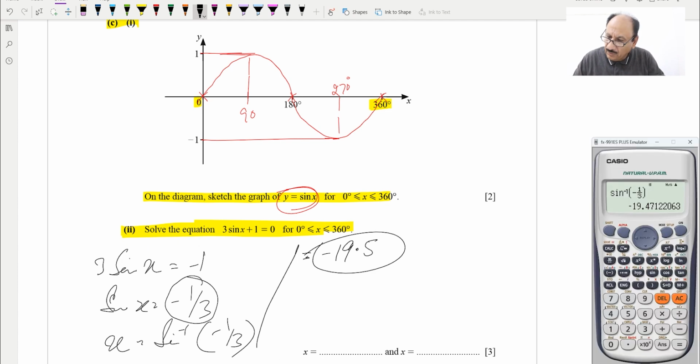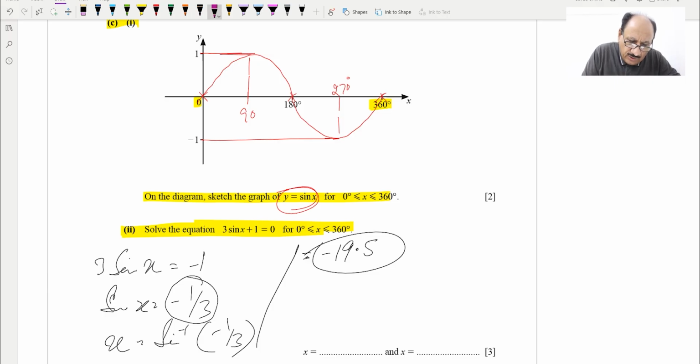Like for example, -1 over 3 will be 0.33. So 0.33 is over here. If we draw the line, it will be intersecting the curve at these 2 points, and this will be the line.